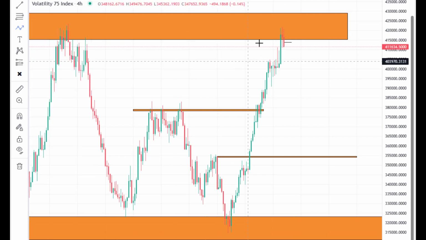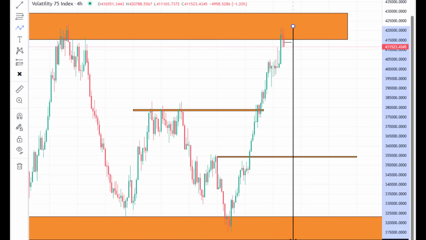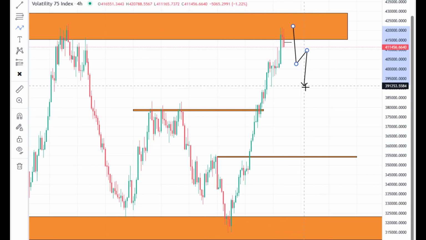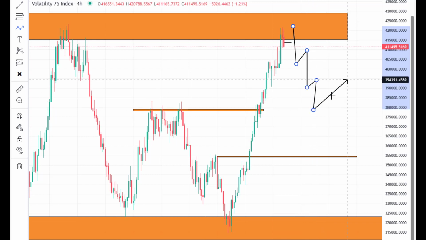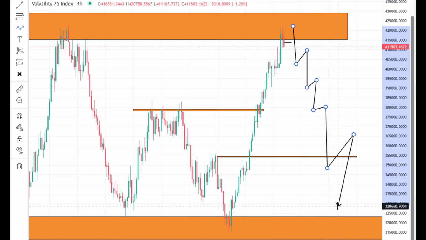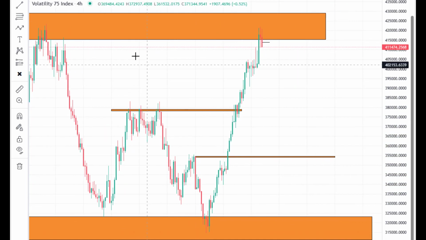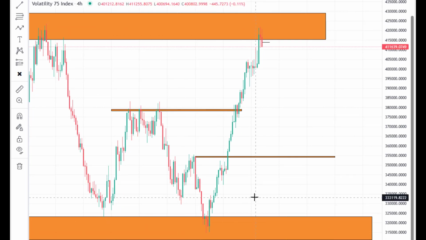It could move in the form of a swing, swinging in a smaller time frame until price gets to this zone down here. But we have to look for an entry point, right? So when we drop now maybe to our H4 and then H1 time frames, where we are going to be taking our trades based on, we are going to look for confirmation.